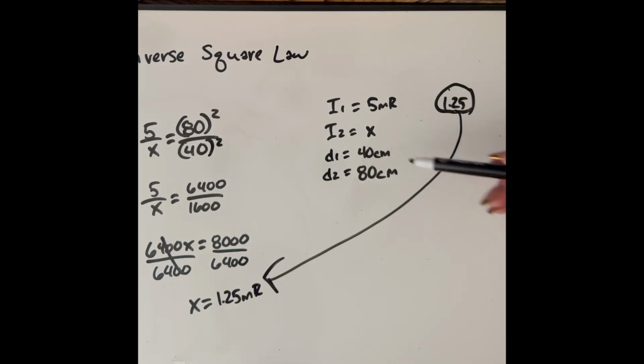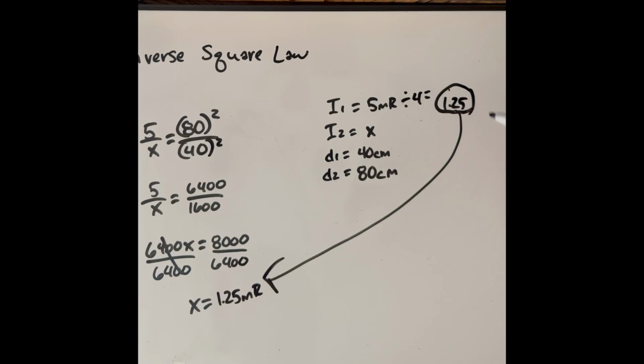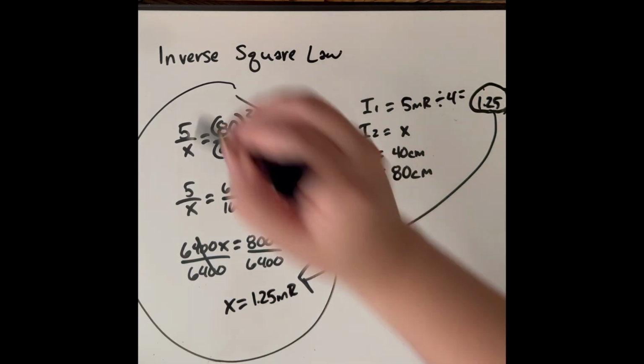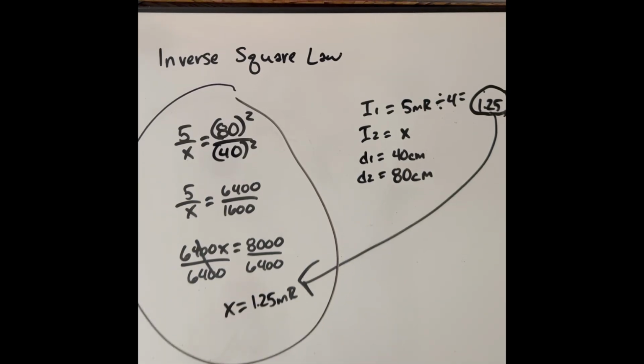Our distance doubled, so this should have decreased by a factor of 4, which means we divide by 4. We got 1.25. Or you can work it out the long way like this, and you should still end up with what we wanted. Okay, that is your inverse square law, and I will do a couple problems on transformer laws as well.